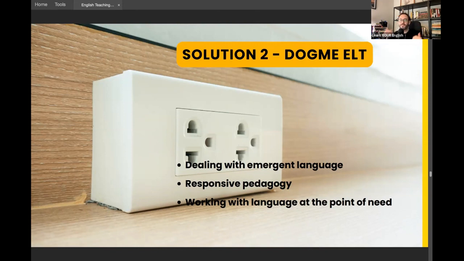We're not preemptively teaching language. We're reacting to whatever language the students are producing. And more importantly, we are working with language at the point of need. Whenever we see that students really need to communicate a certain message and we see that they're struggling, that's when we intervene and help them and scaffold.